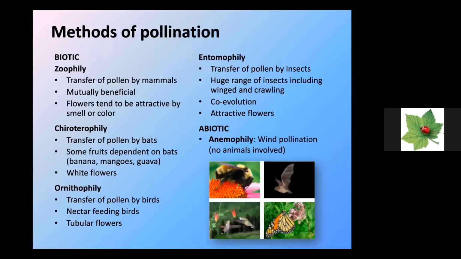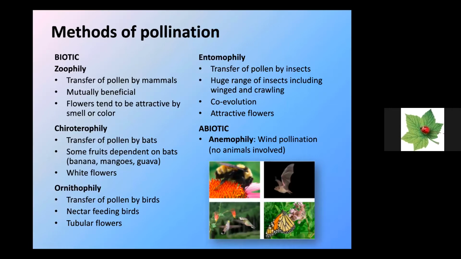There are many different types of pollination, and oftentimes these have to do with the types of animals that are moving them or the different ways that they are moved. So we have biotic, which is the more physical movement of them, and looking at zoophily, which is the transfer of pollen by mammals. Oftentimes this is mutually beneficial.